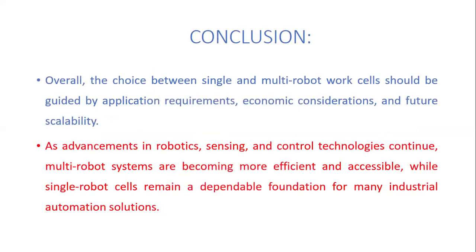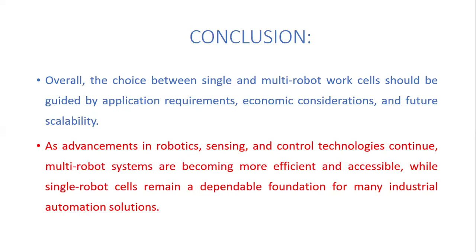Now we are in the final conclusion of today's research lecture presentation. Now I conclude that the choice of selecting either single or multi-robot work cell layout is mainly based on the following key parameters, say economic consideration, future scale of production, and which type of product you are going to implement.